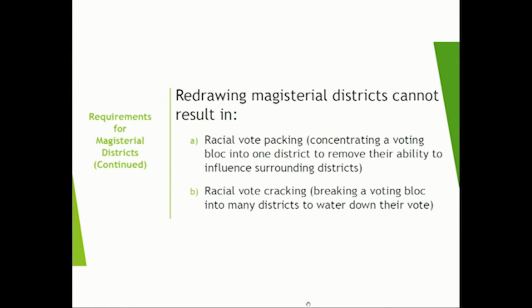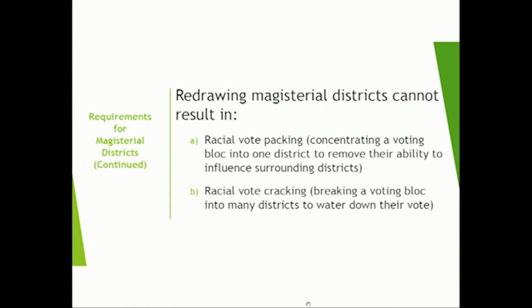And so we're always looking at how we might be diluting voting, or there is the cracking notion, which is breaking up an existing effective voting block so that it basically waters down the vote, makes it less likely that they can achieve voting as a block.